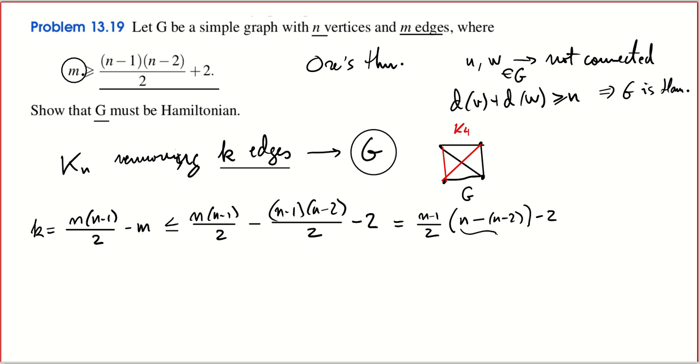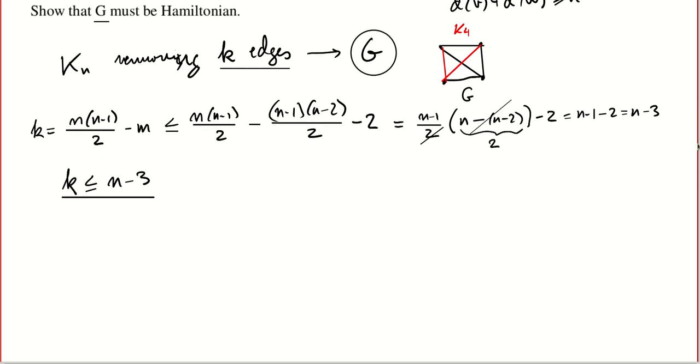All right, n minus (n-2) is of course 2, so this cancels with this, and what we have is n-1 here, and here we have minus 2, so we have n-3. So in other words, the total number of edges removed is at most n-3. So this condition here translates into this condition here.